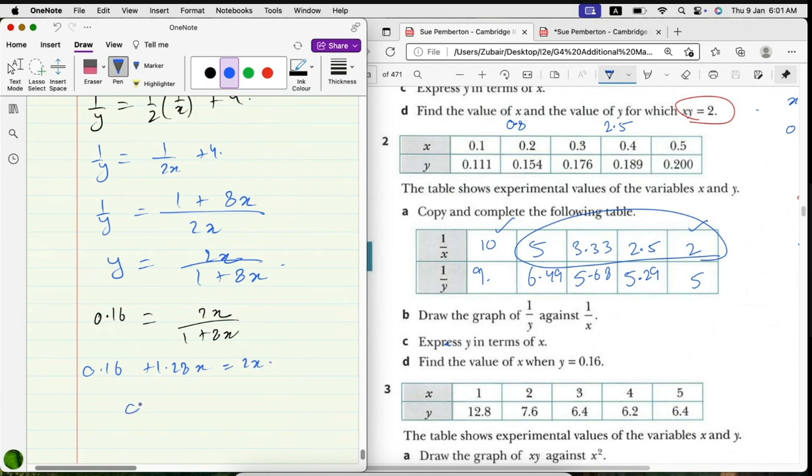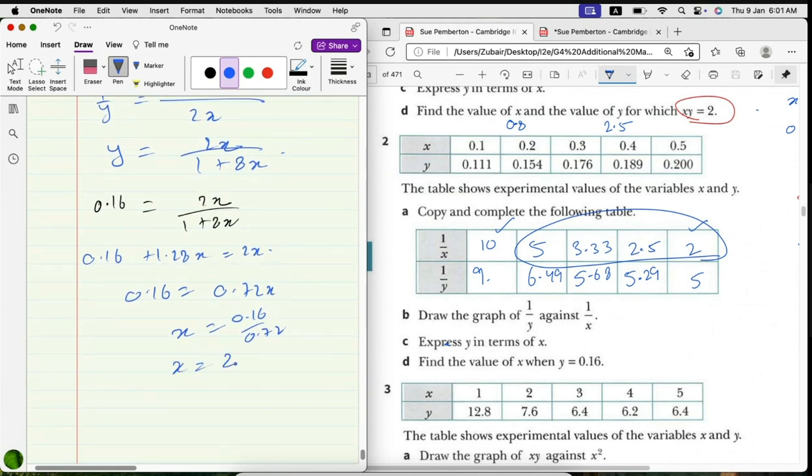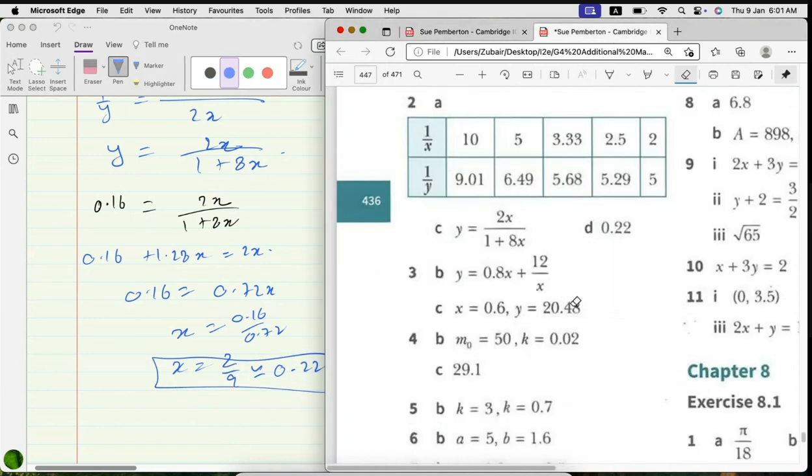Is equal to 2x. 0.16 on the other side, 2 minus 1.28 is 0.72. x is 0.16 over 0.72. And I get 2 by 9. x is equal to 2 by 9, which is approximately equal to 0.22, and that is the B part.